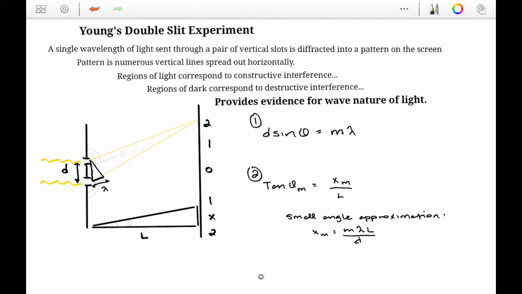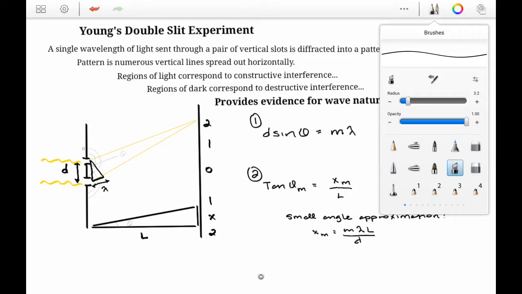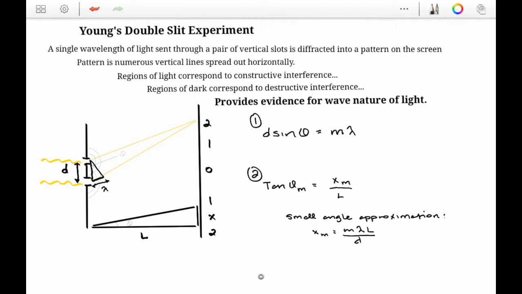And so what Young decided to do was set up a diffraction grating where we have two slits. As you can see in this diagram, we have two slits for light to pass through. This light is a single wavelength light, monochromatic, and it's sent through the pair of vertical slits, through which it is diffracted onto this screen.